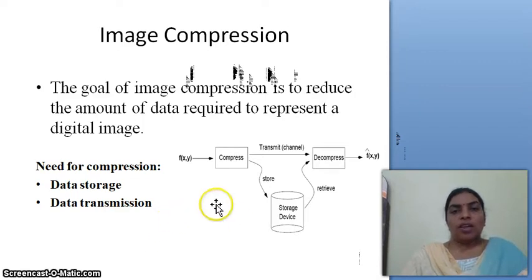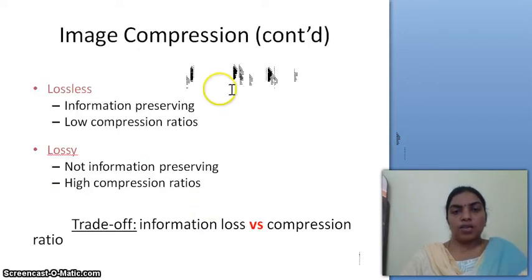What are the different compression techniques? We should concentrate on that. Right. Now, in image compression, we have lossless techniques and lossy techniques. What is lossless and what is lossy?